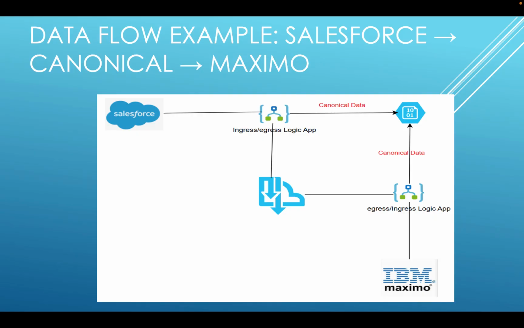From ingress, the Salesforce message is converted into the canonical model. It goes through the pipeline to topics, and from there it goes to another Logic App egress, and then to IBM Maximo. In a similar way, from IBM it goes through the ingress logic, calls the canonical model, goes into topics, and is subscribed to by Salesforce through a Logic App. That's how it works from an understanding point of view.